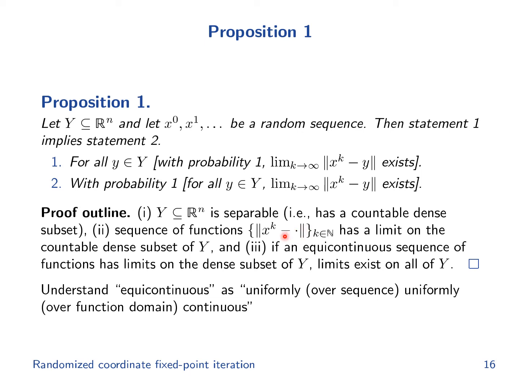And then we apply the continuity across different k, and it's also uniform over k. Now we leave the actual proof to the reader. It is documented in the chapter.